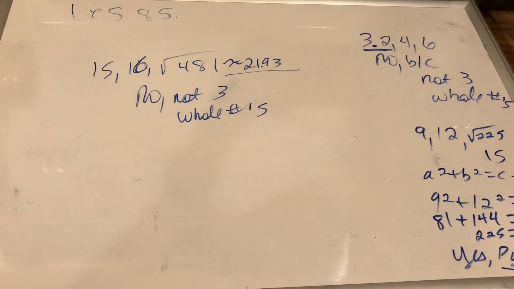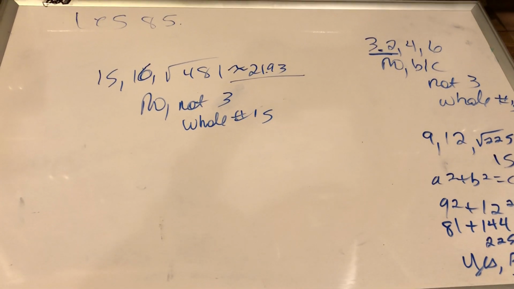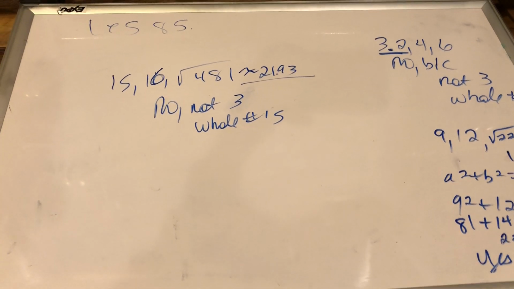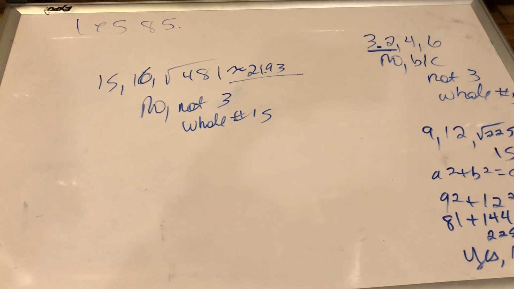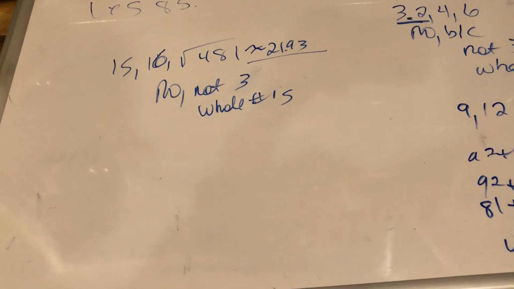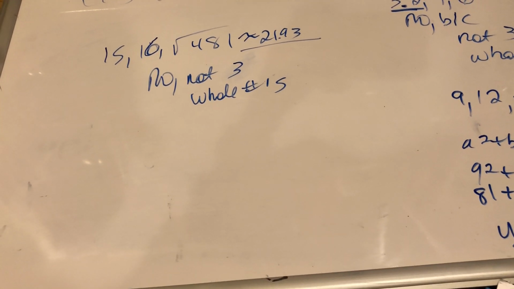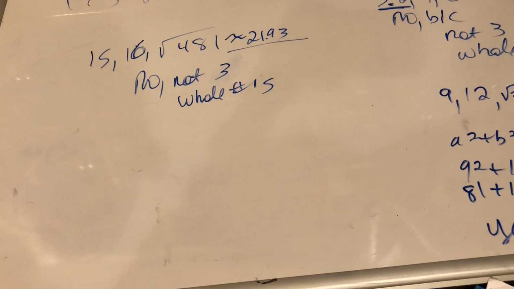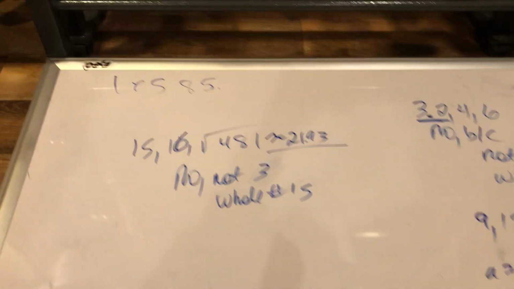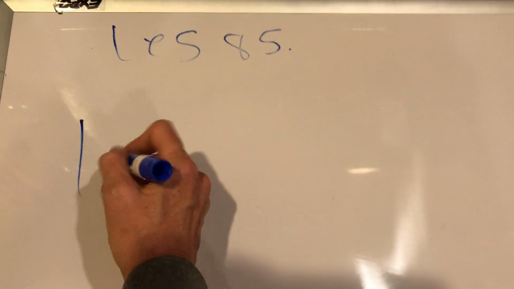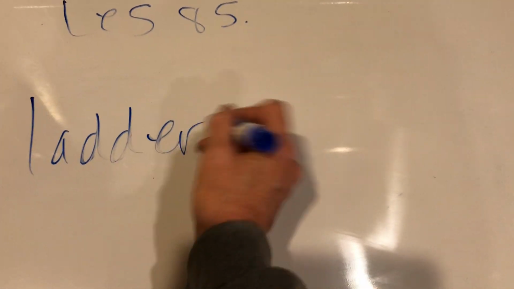Okay, so one other thing is you're going to, of course, have a couple of word problems on this. And it's usually about a ladder. So I'm just going to make one up.